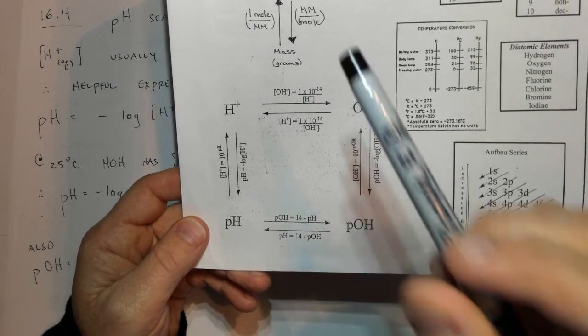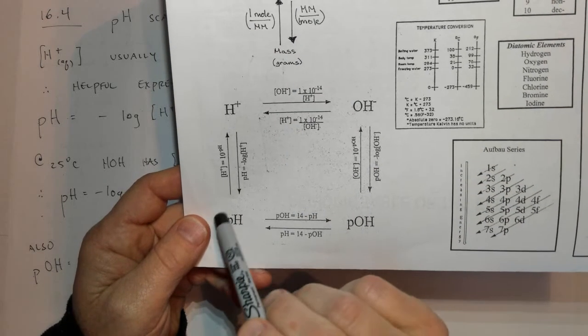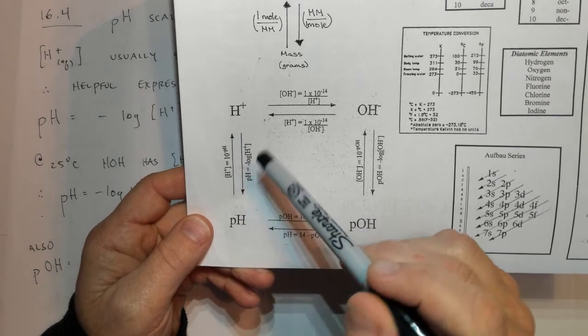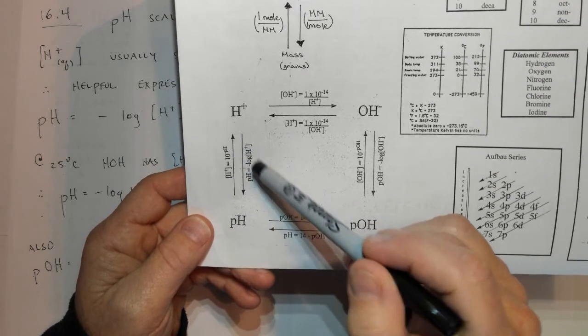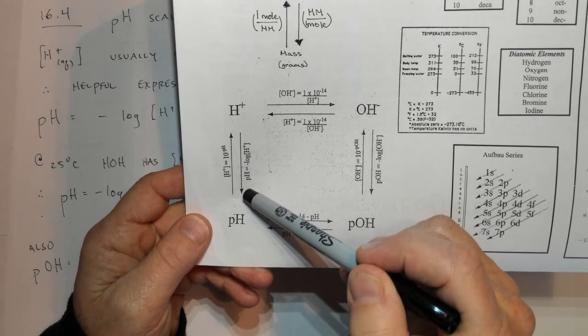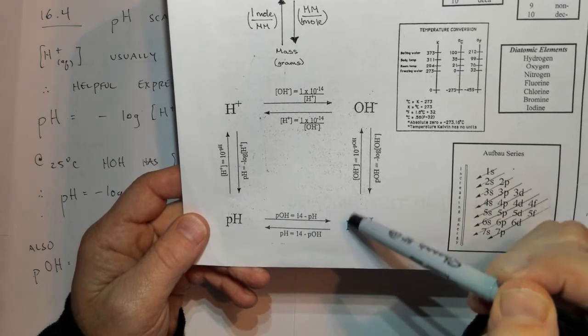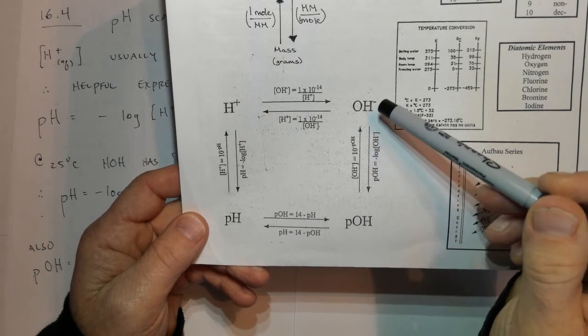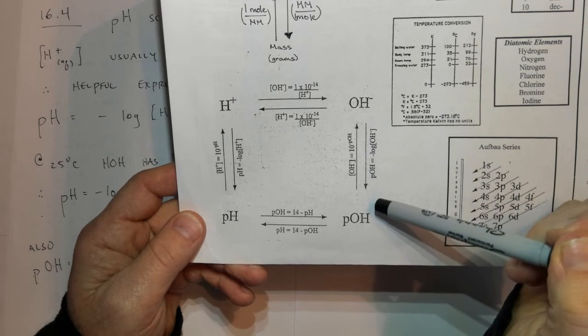You can see that we have a relationship between pH and H plus ion concentration, and if you want to find the pH from the H plus, you take the negative log of the H plus ion concentration, follow this arrow. You can see that the pOH is defined as the negative logarithm of the OH minus ion concentration.